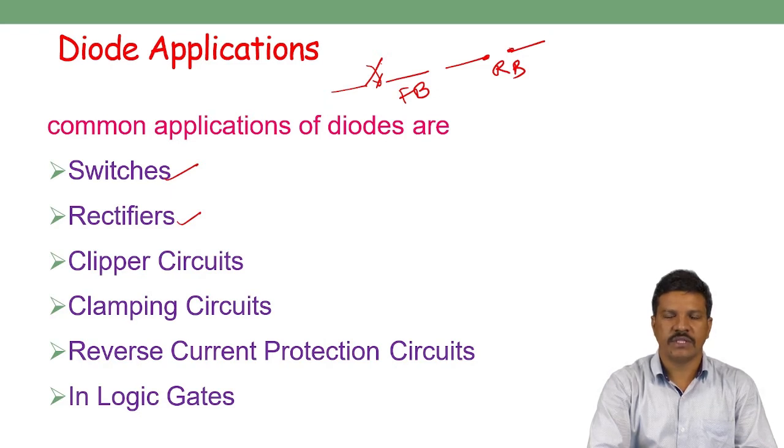So we can use the diode as a rectifier, which allows the forward direction in a half-wave rectifier, and in a full-wave rectifier both cycles. So simply we can say the diode is used as a rectifier which converts alternating current or alternating supply to direct current or direct supply.